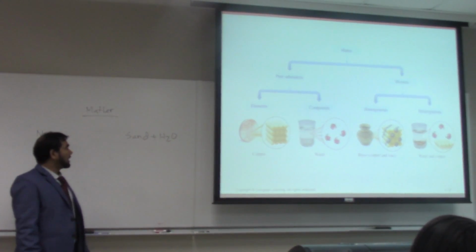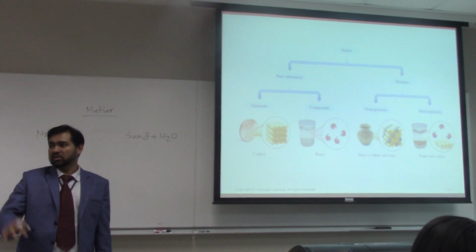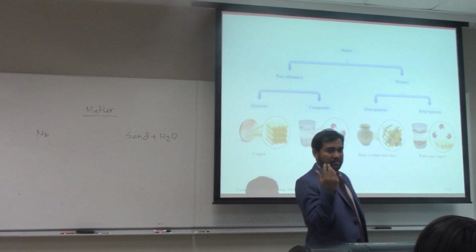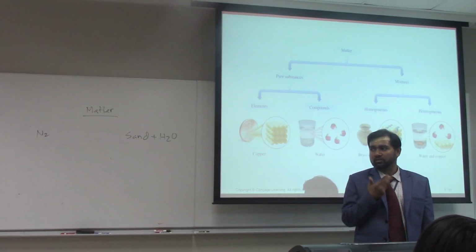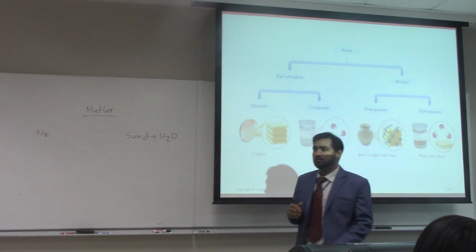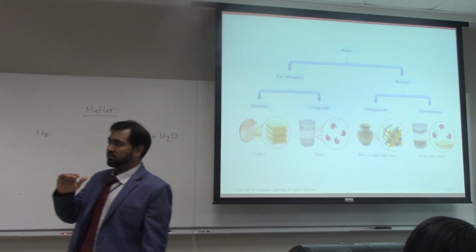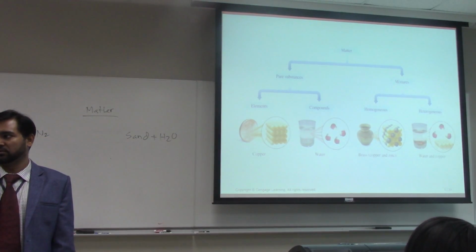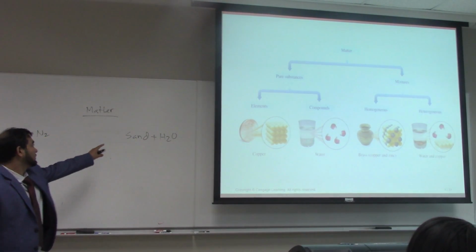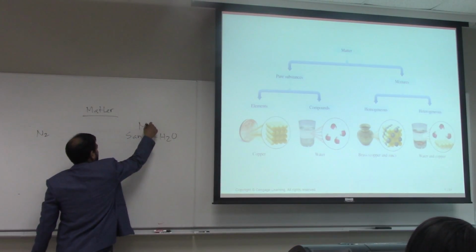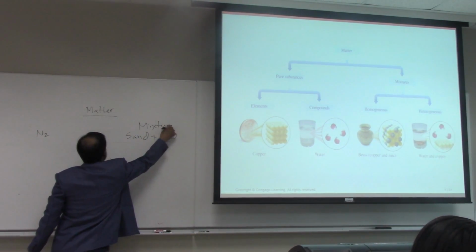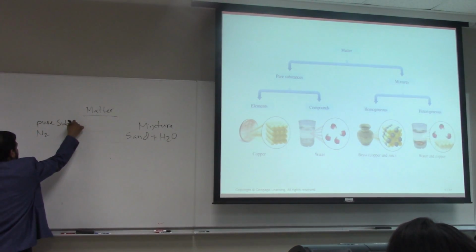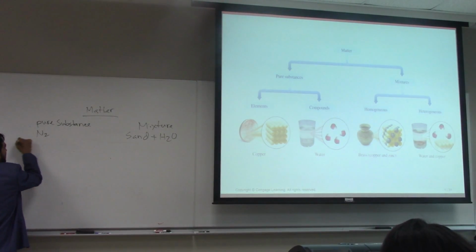If you have a glass of sand with water mixture, do you think sand mixed with water homogeneously? It's not uniform throughout. The sand will settle at the bottom, even if the glass is full. That means this is called mixture. This is called pure substance.